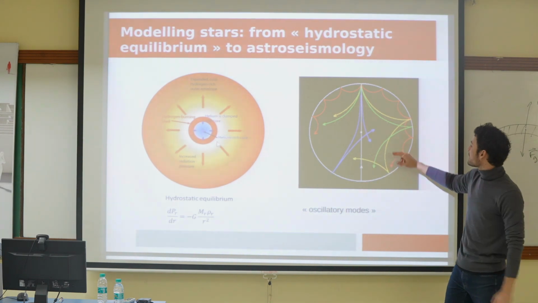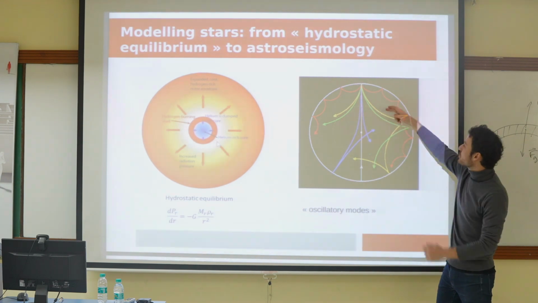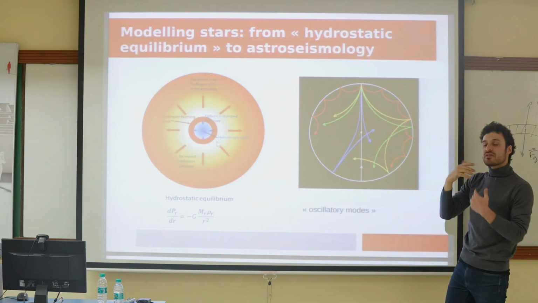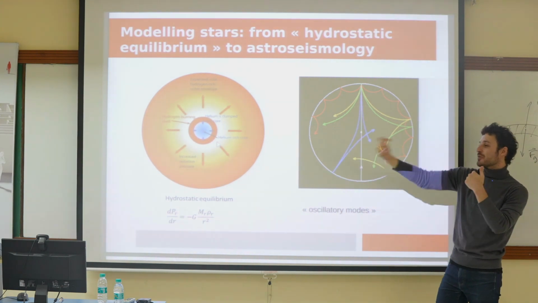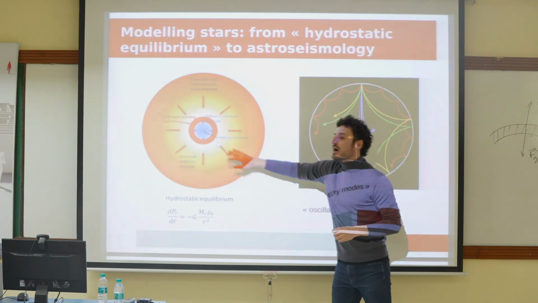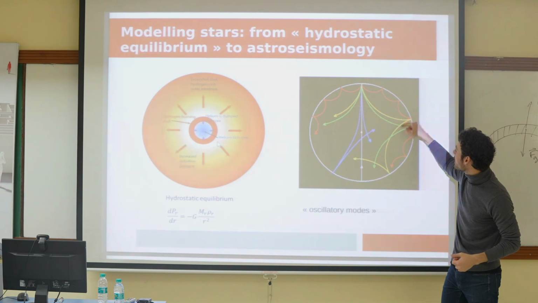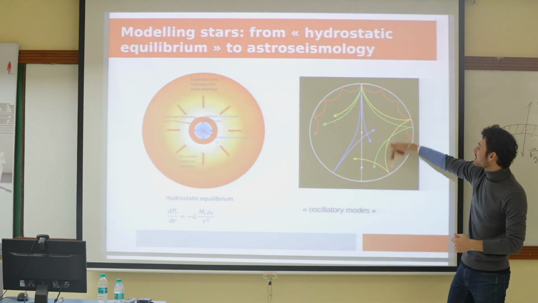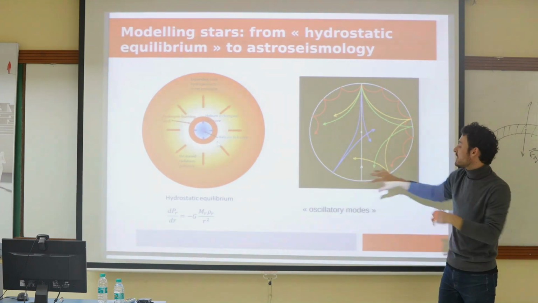So it's a sound wave that's traveling through the star, and as it enters the more dense regions, it bounces back, kind of the same way as an echo, right? If you shout near a wall, the wall just sends back the sound wave towards you. While the denser regions of the star will act kind of like a wall, right? So you have these pressure waves being sent towards the core, bouncing back here, and just moving around the star.